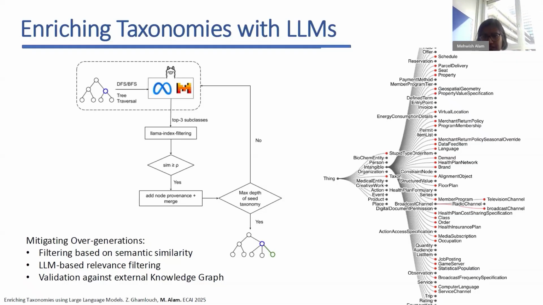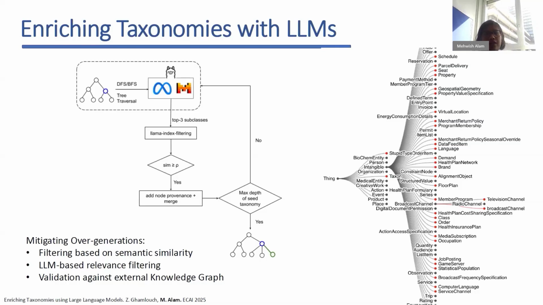So we have quite a rich schema.org taxonomy, and now we are working on doing the evaluation properly with human in the loop. This is the kind of thing that is ongoing with this project. And we are using some taxonomy expansion techniques to learn this.